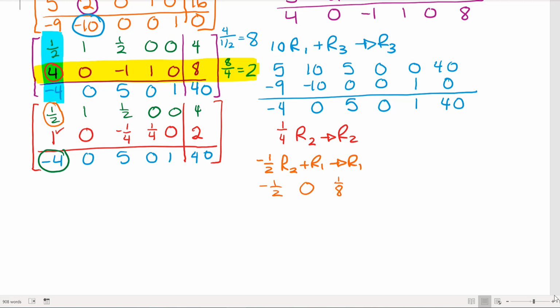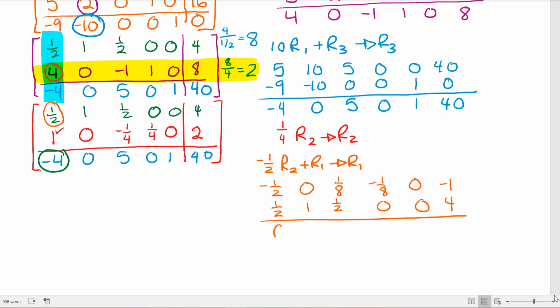Use a calculator if you feel like you need to. Negative 1/2 times positive 1/4 is negative 1/8. Negative 1/2 times 0 is 0, and negative 1/2 times 2 is negative 1. And we're going to put row 1 right underneath it. 1/2, 1, 1/2, 0, 0, 4.